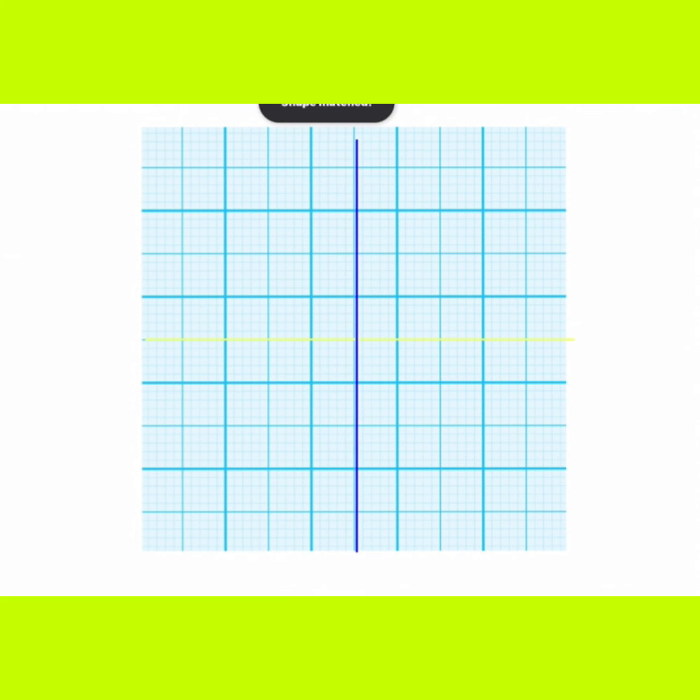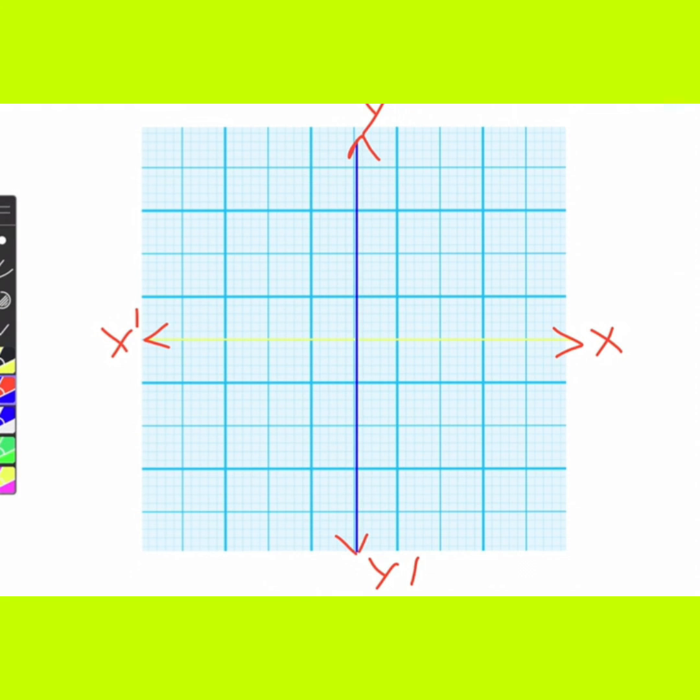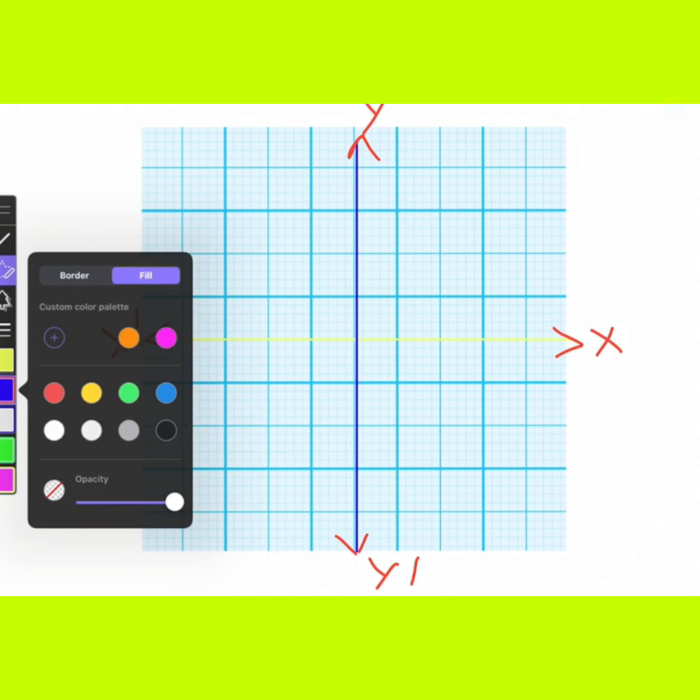These are two axes. Let us say this is the x positive direction, and this one is x dash, that is the negative direction, and this one is the y positive direction, and this one is the y negative direction. And here if you get a line such as, you will draw a line for this.